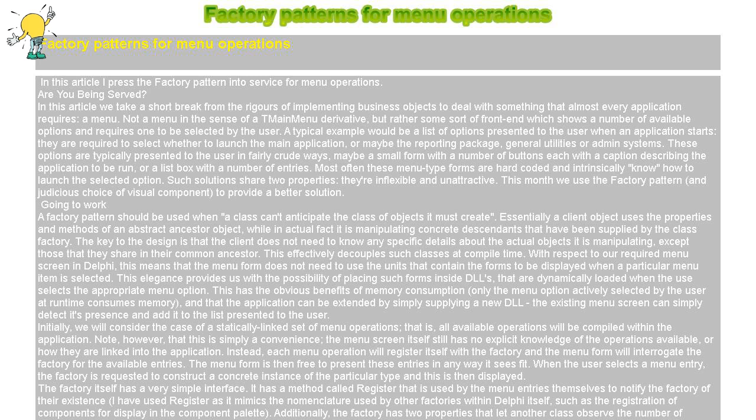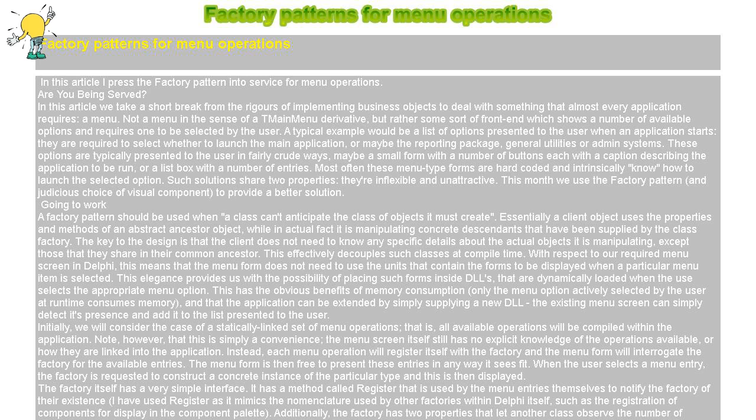systems. These options are typically presented to the user in fairly crude ways, maybe a small form with a number of buttons each with a caption describing the application to be run, or a list box with a number of entries.